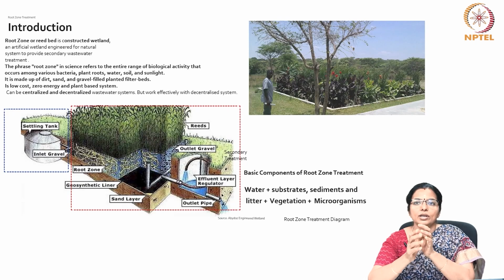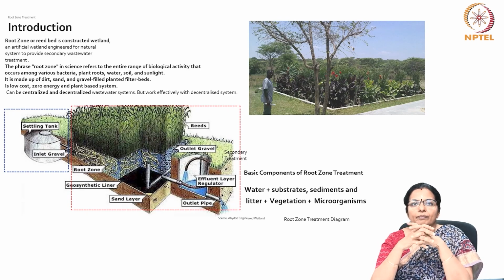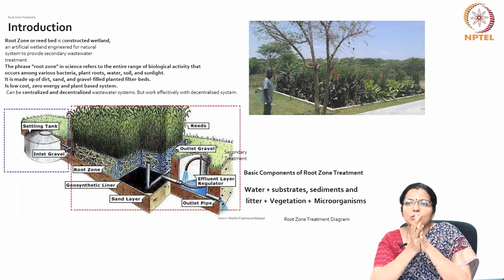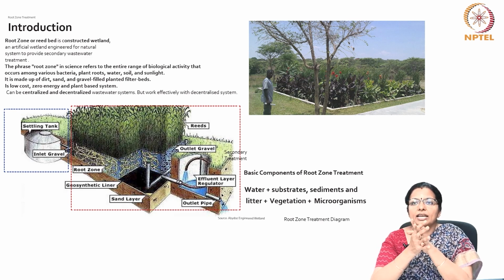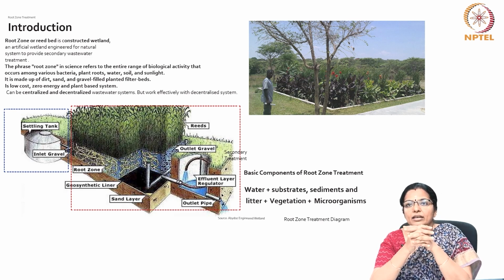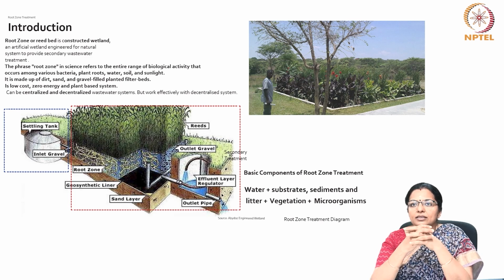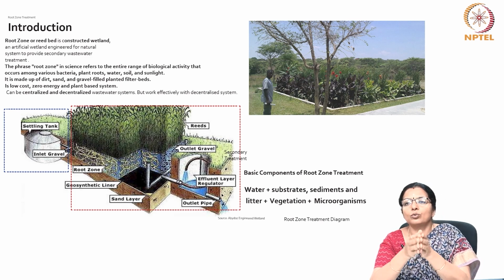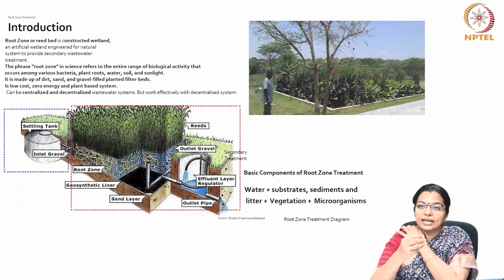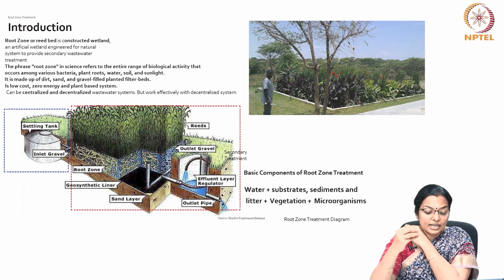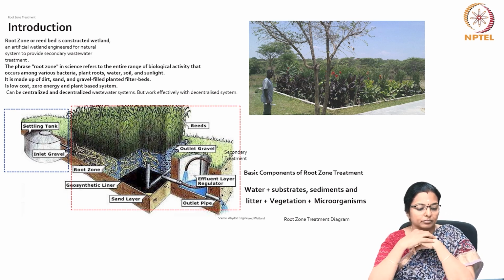Now, what is root zone treatment? Root zone in science refers to the entire range of biological activity that occurs amongst various bacteria, plant roots, water, soil, and sunlight. It is made up of dirt, sand, and gravel filled planted filter beds.